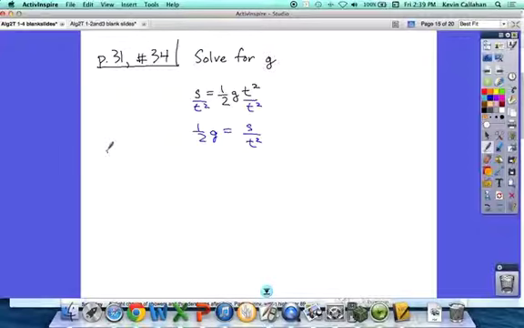I would definitely recommend multiply by 2. Because here's what happens if you don't. If you divide by 1/2, then at the next step, you got to figure out how is it that you divide by a fraction. Dividing by a fraction is the same thing as multiplying by the reciprocal. So you would turn this into S over T squared times 2 over 1, which in effect there you are, you're multiplying times 2.